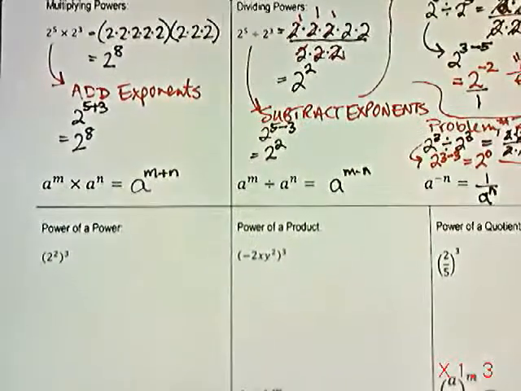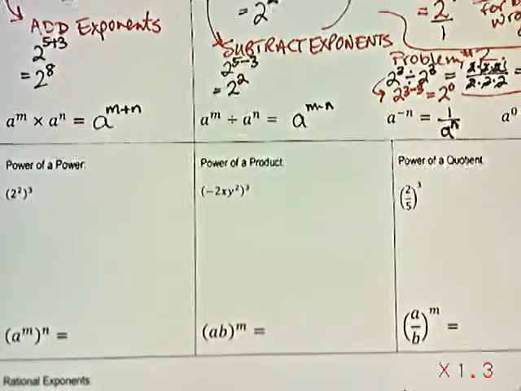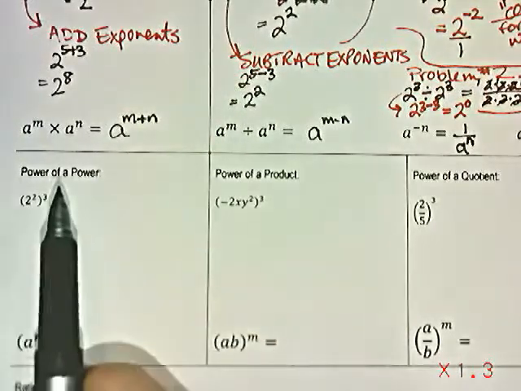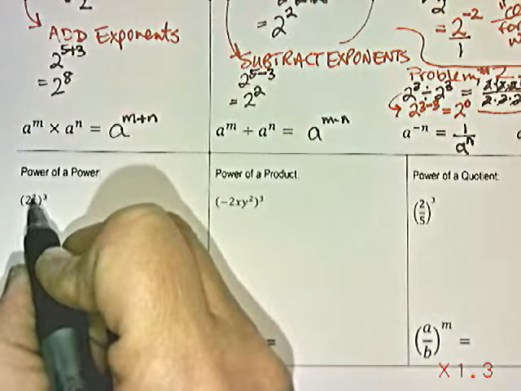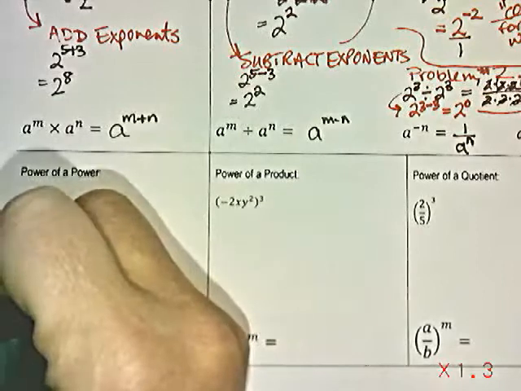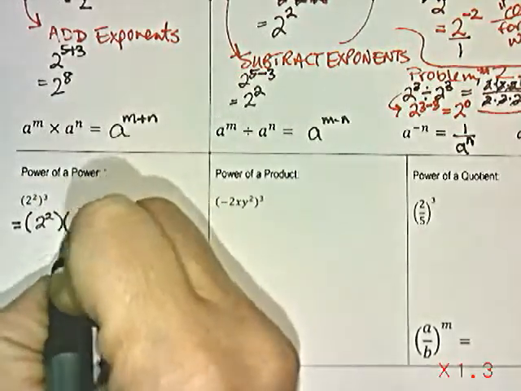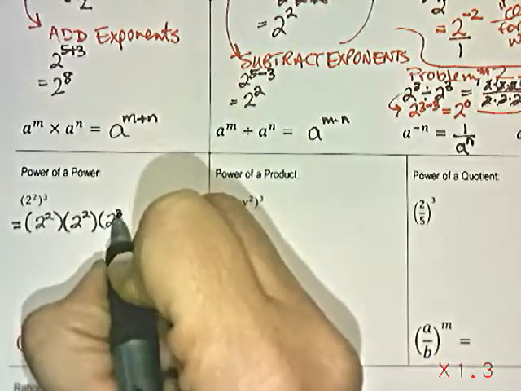We can expand those exponent laws to include power of a power, power of a product, and power of a quotient. Power of a power just means repeatedly multiplying a power. And so if I have 2 squared all cubed, when I have an exponent on a bracket, that truly means take that bracket and everything in that bracket will multiply by itself, in this case 3 times.